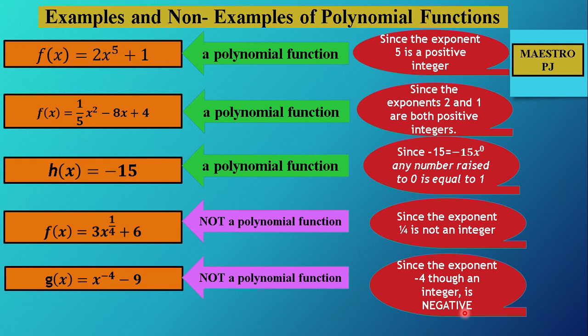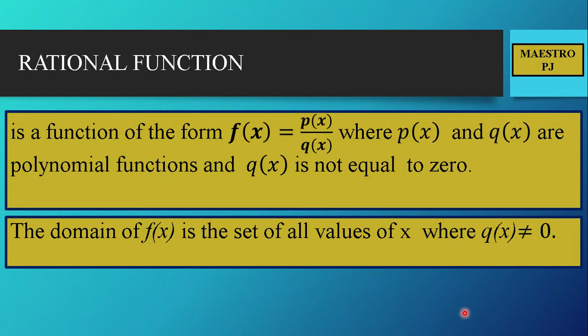Okay, so now that you have understood the concept of polynomial functions, we are now ready to study and discuss rational functions. A rational function is a function of the form f of x is equal to p of x divided by q of x, where p of x and q of x are polynomial functions and q of x is not equal to 0.